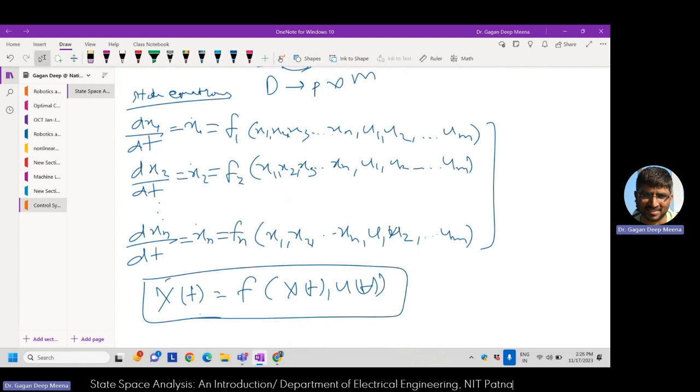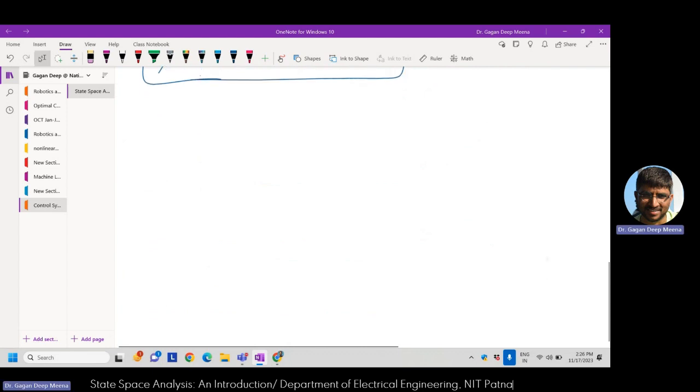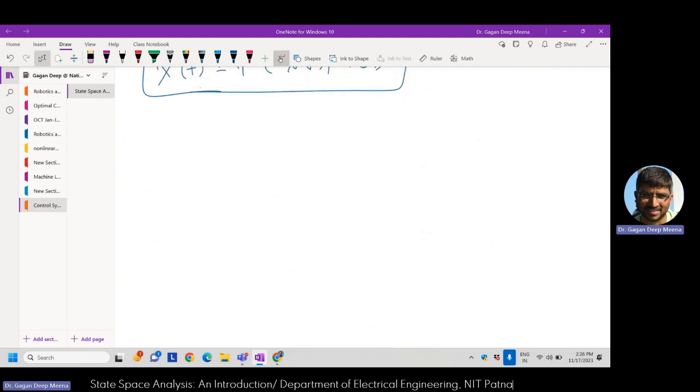Now we would like to see its matrix version, the matrix form of the same equation.